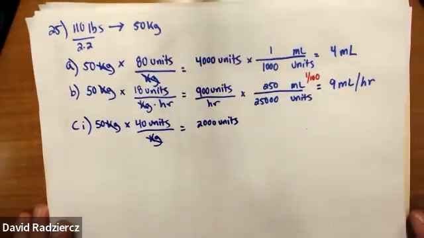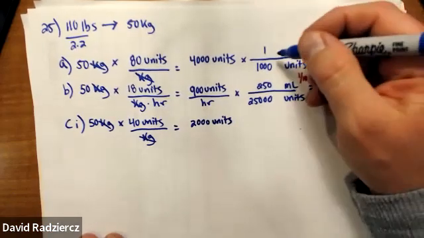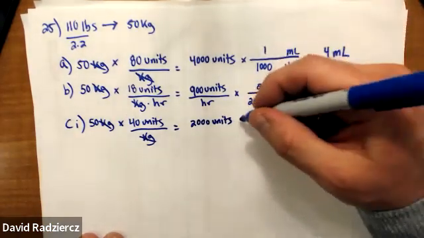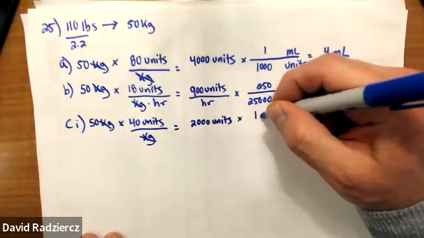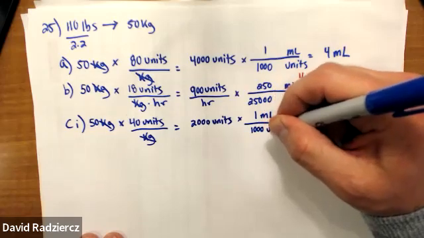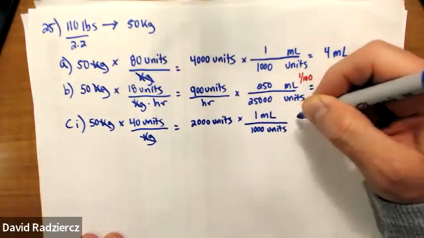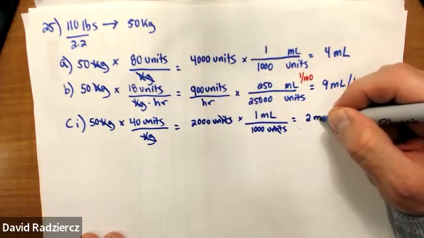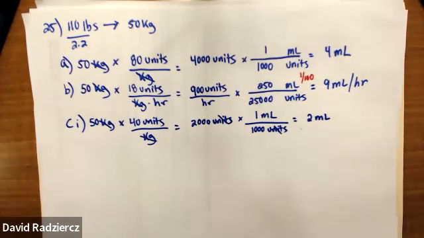Again, I don't want units, I want milliliters. And so I'm going to use my bolus dose strength, which comes from step 2 of the protocol, which tells me I have 1,000 units per milliliter of heparin. And then I will get 2 milliliters as my answer.